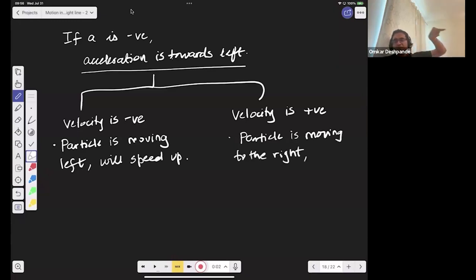And what does it mean for the acceleration to be negative? That means dv by dt is negative. So if dv by dt is negative, that means in the vt graph, you're going to see v come down. So that means it's going to slow down.